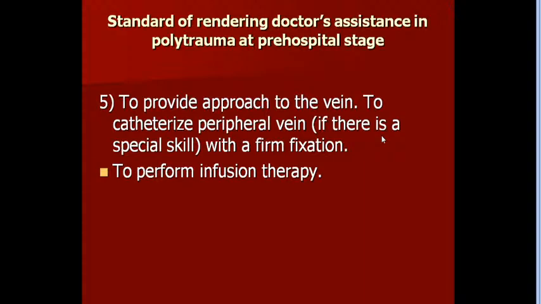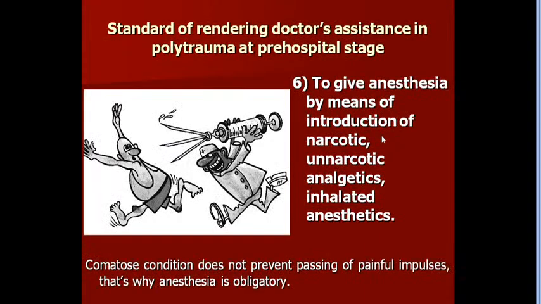Second is infusion therapy. Step number 3 of anti-shock measures is anesthesia. Give anesthesia by means of introduction of narcotic analgesics, non-narcotic analgesics, inhalation anesthetics. A very important moment: comatose conditions do not prevent passing of painful impulses. That's why anesthesia is obligatory.